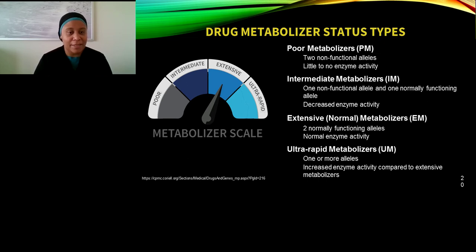So they would be intermediate. Then extensive metabolizers are also known as normal metabolizers. These are patients that have 2 normally functional alleles, and we're going to expect normal enzyme activity. Ultra-rapid metabolizers have 1 or more alleles that have increased enzyme activity compared to what we call extensive metabolizers.